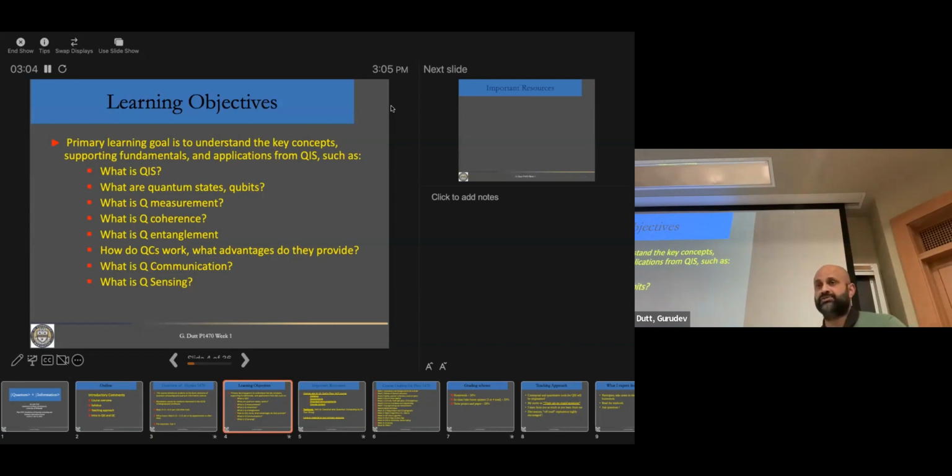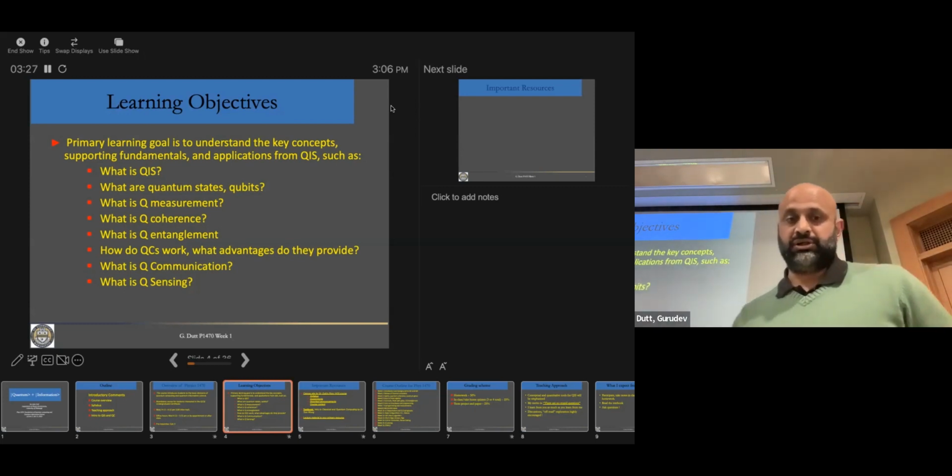And the applications of quantum information science. And a list of these that I think are key concepts have been identified by various NSF and other bodies about what are the key concepts in quantum information science. There's a long list here. I'm not going to necessarily read it out, but we will indeed go through all of these over the time of this course.